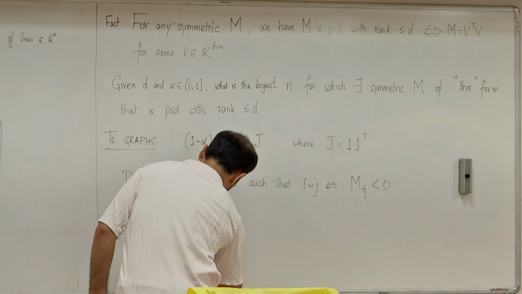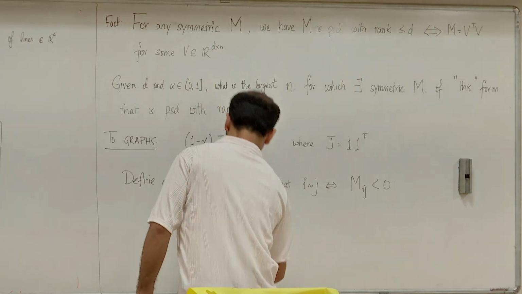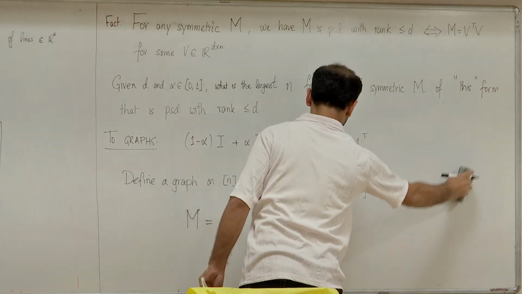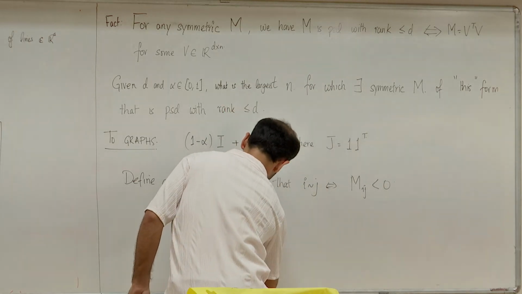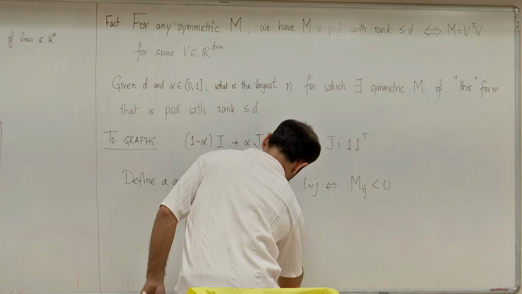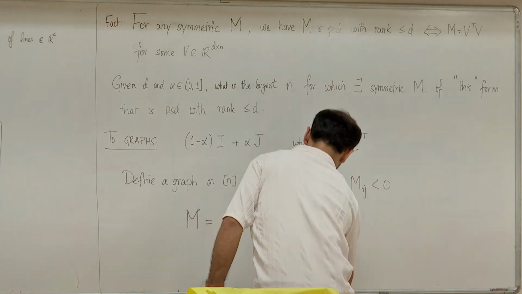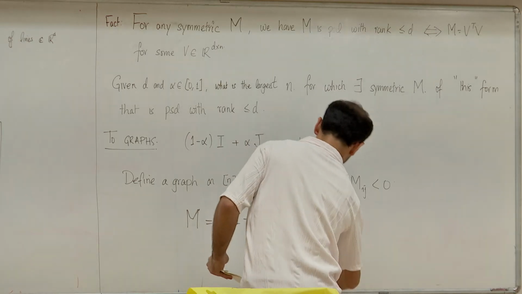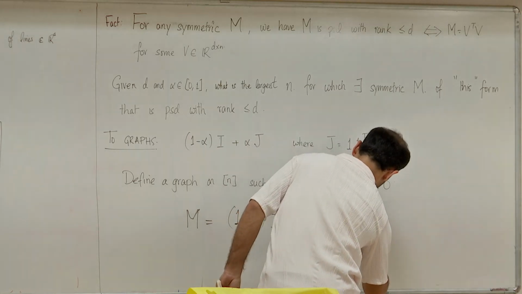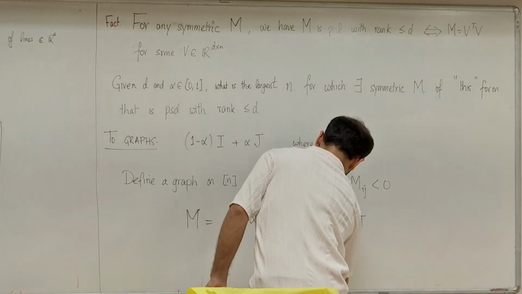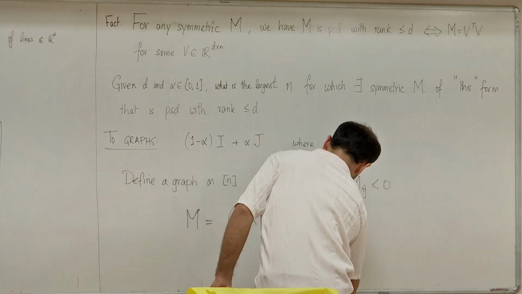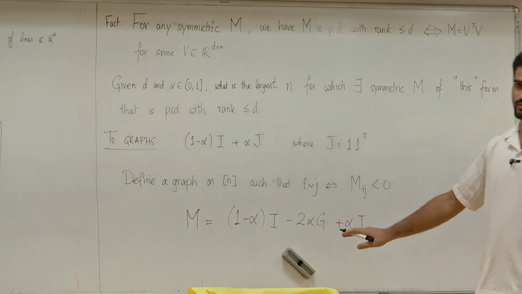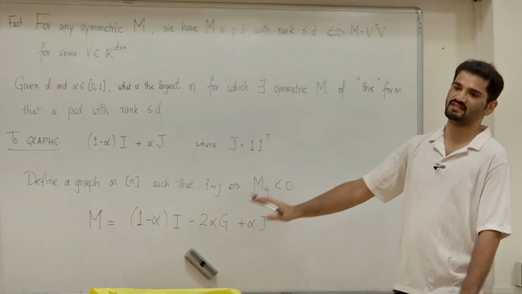M equals all of this. I will move this here. Let me write here I plus alpha J. And here I have minus 2 alpha times G. So G I will use to denote the graph. G will also denote the adjacency matrix of the graph.